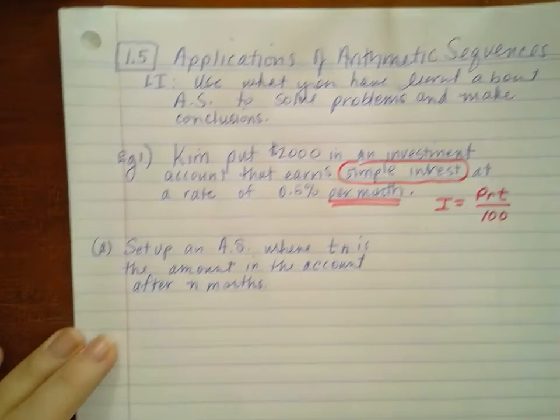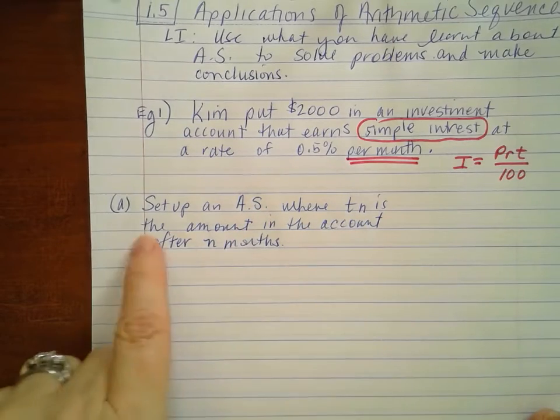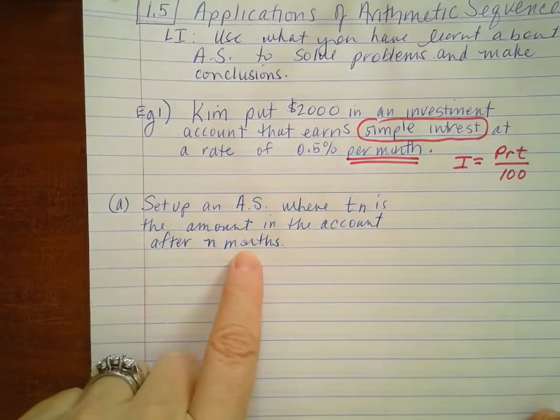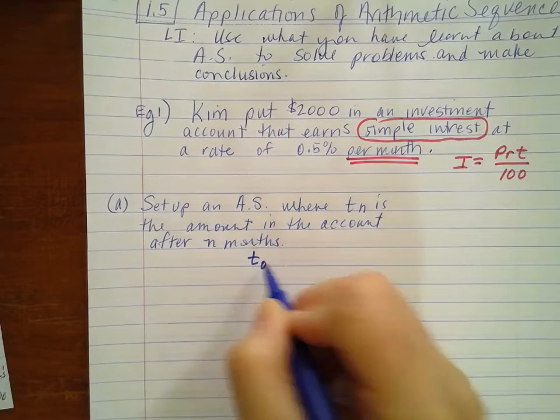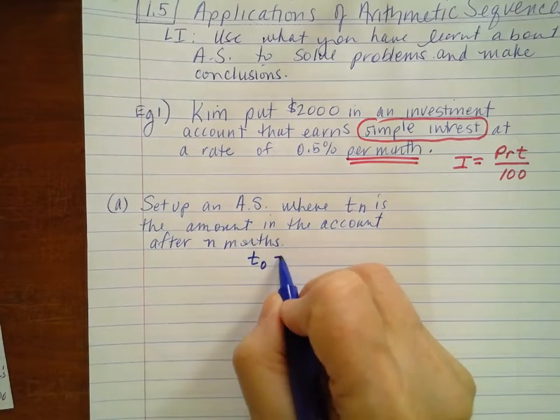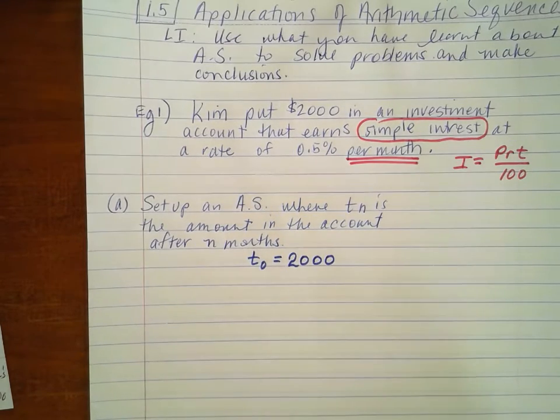It says set up an arithmetic sequence where T sub n is the amount in the account after n months. We need to think about that for a second. I know that T sub 0, before she even starts, is 2,000 that she puts in.